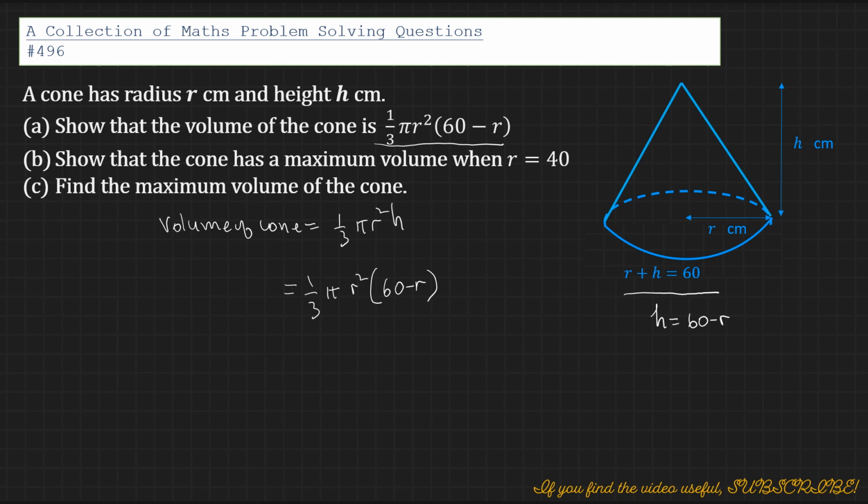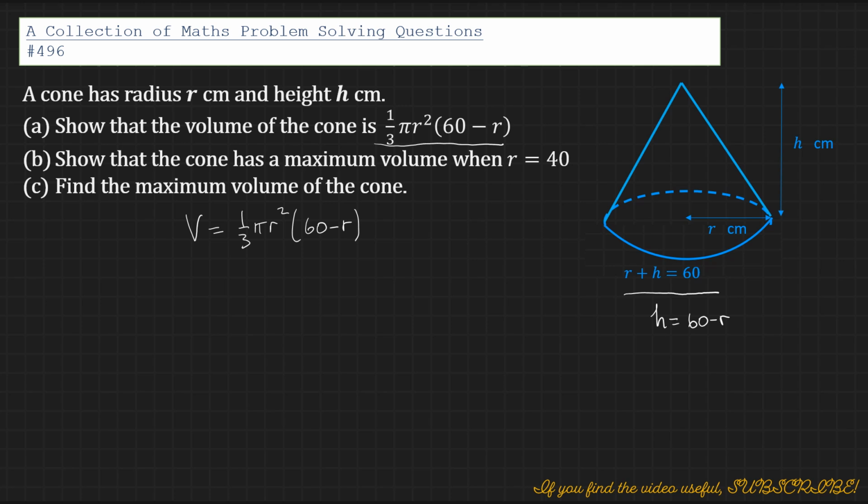We write the volume again: V equals 1/3 pi r squared times (60 minus r). Now why are we differentiating? Because we need to find the maximum volume, and the maximum volume will be when dV/dr equals 0. The first derivative is 0.